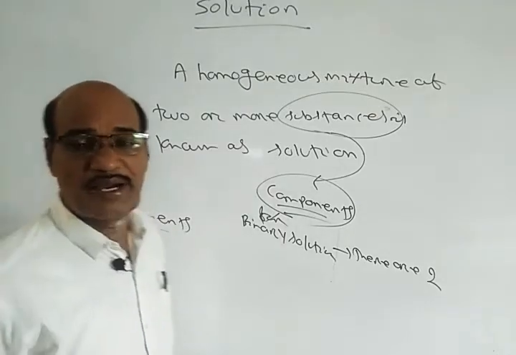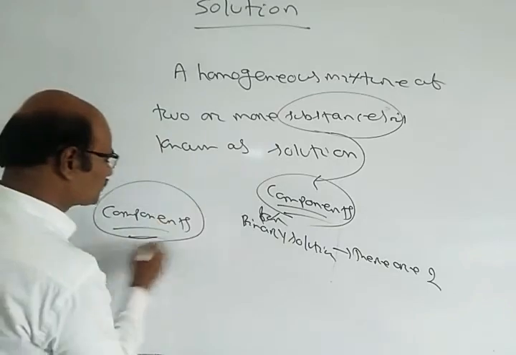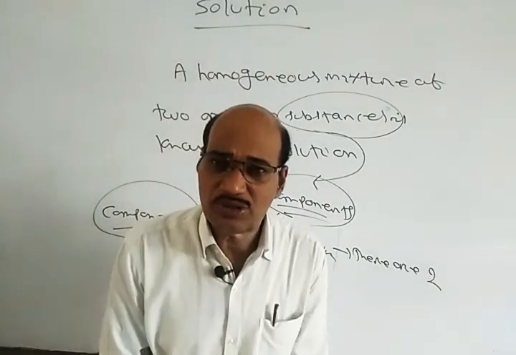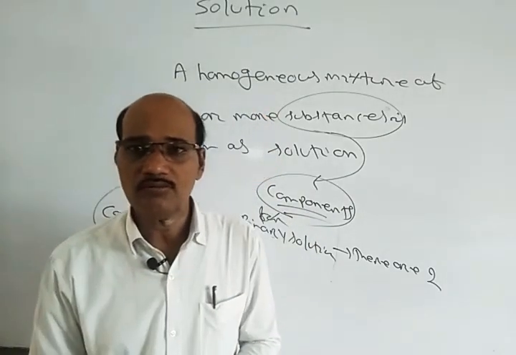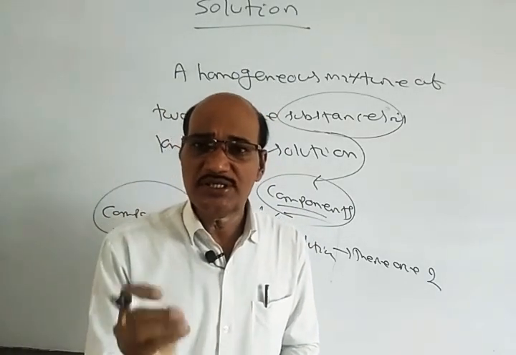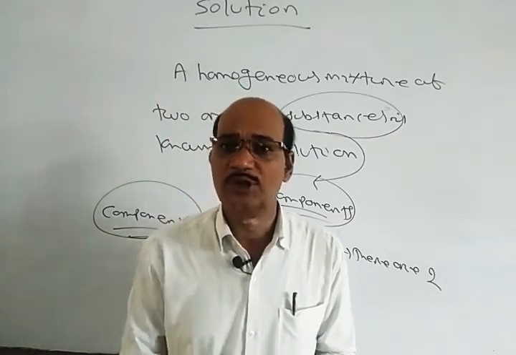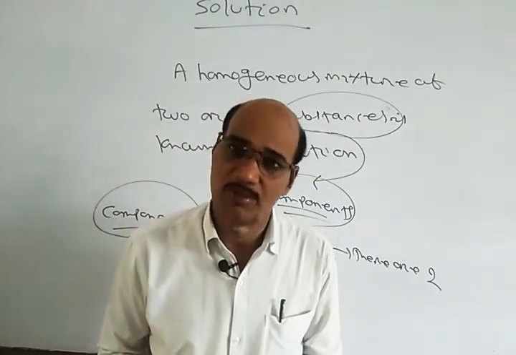For a binary solution, we have two components, and out of the two components, one component is in small proportion and the other component is in large proportion. The component which is in small proportion is known as the solute, and the component which is in large proportion is known as the solvent.